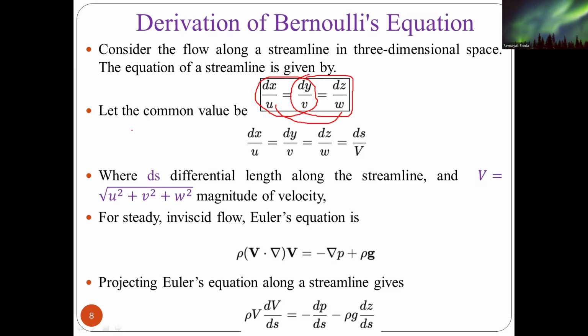Let's use the common value ds over V. V is the magnitude of velocity. So the velocity vector is defined in this manner: V equals u in the i direction, plus v in the j direction, plus w in the k direction.